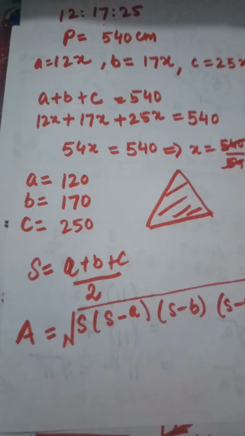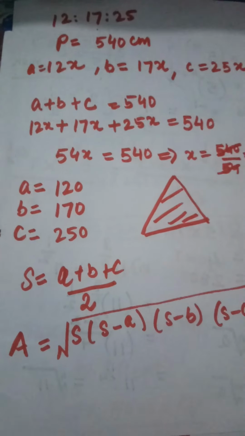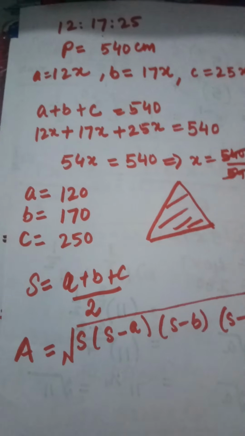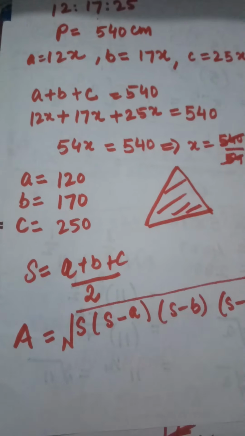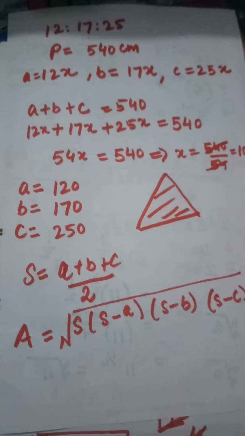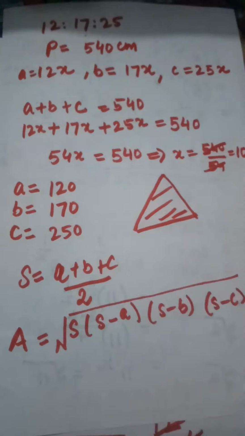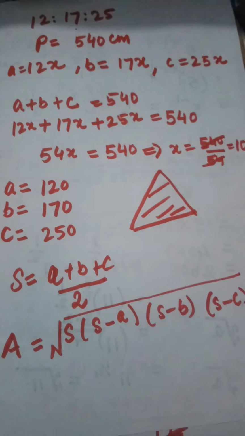It was also a question from exercise 12.1 only. I think it is the fourth or fifth question. Just check in the exercise. So you can calculate the area of this triangle also.